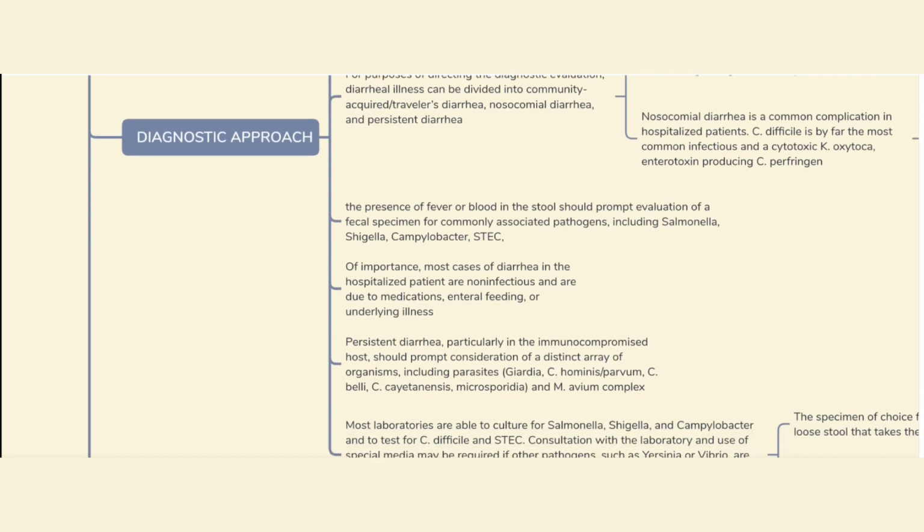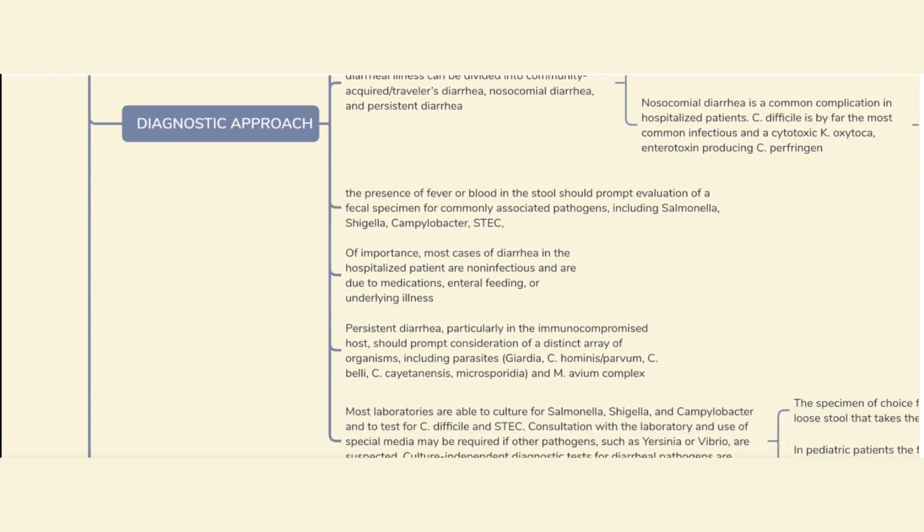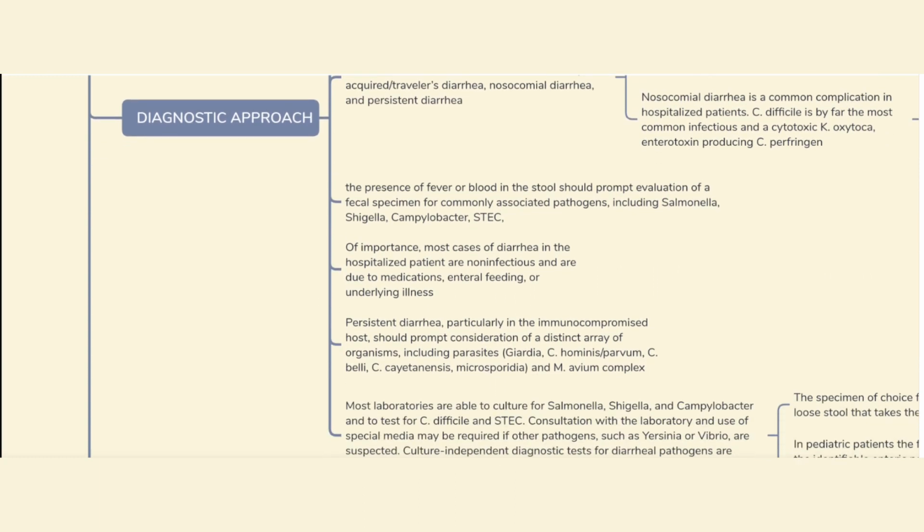The presence of fever or blood in stool should prompt evaluation of a fecal specimen for commonly associated pathogens including Salmonella, Shigella, Campylobacter, and Shiga toxin producing E. coli. This is easy because we just take the stool and do a stool culture, and we will get the results in a few days.